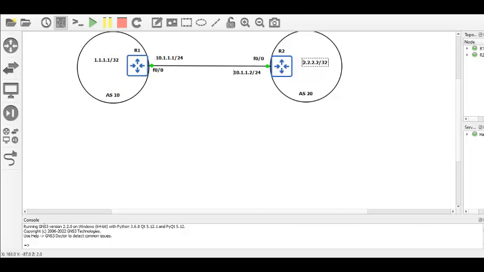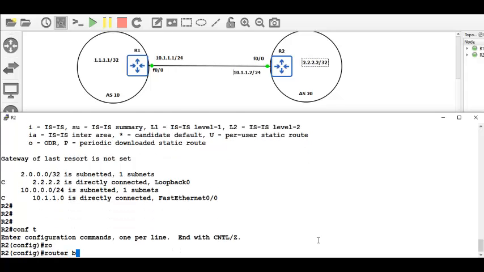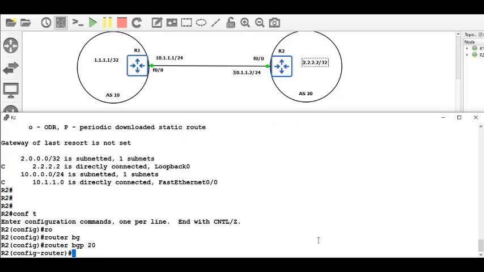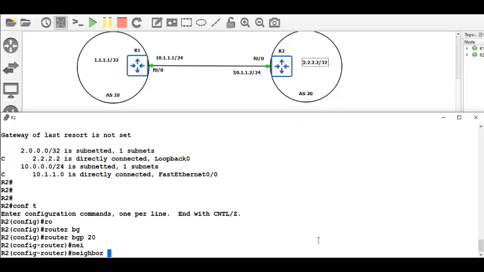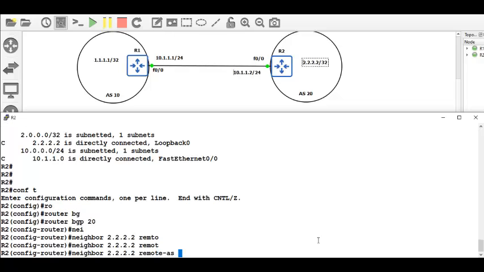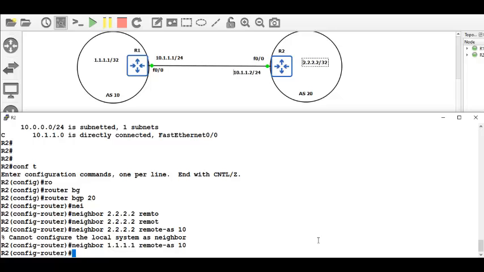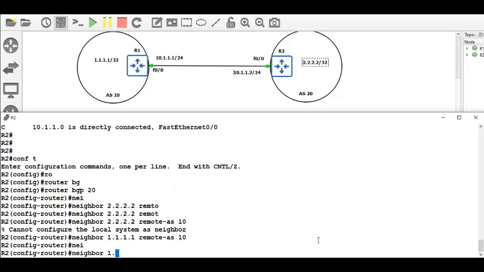So I go to router 2, router BGP 20, and I say neighbor 1.1.1.1 remote AS 10, and I say neighbor 1.1.1.1 ebgp-multihop 2.